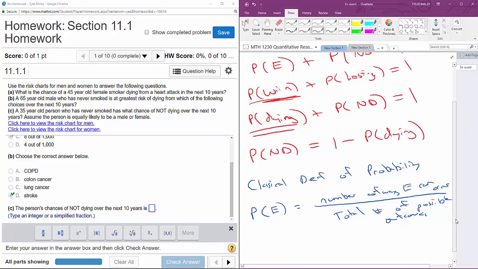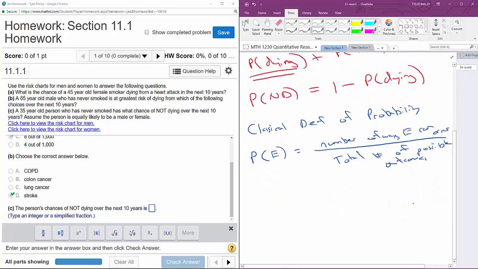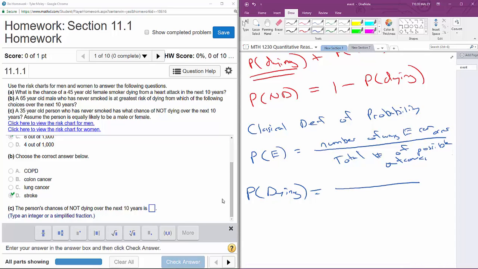So we'll use this to calculate the probability of dying. So we need to figure out the table.